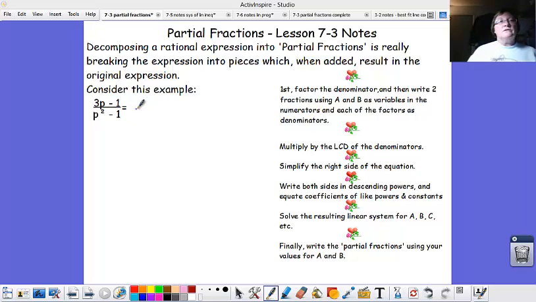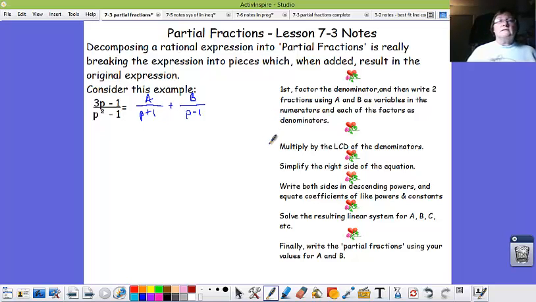So I would ask you to remember how you factor p squared minus 1. And many of you are already ahead of me. That's a difference of squares, so we get p plus 1 and p minus 1. Those will be our two denominators. We don't know the numerators. That's our job, to find out what those numerators will be.